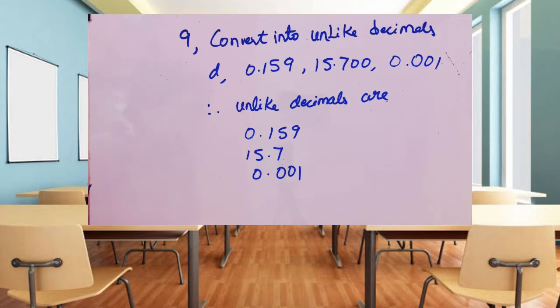The 10th sum is a problem sum. Arvind bought 4 kg 350 gram of potatoes, 250 gram of chilies, and 17 kilogram 50 gram of wheat. Find the total weight.